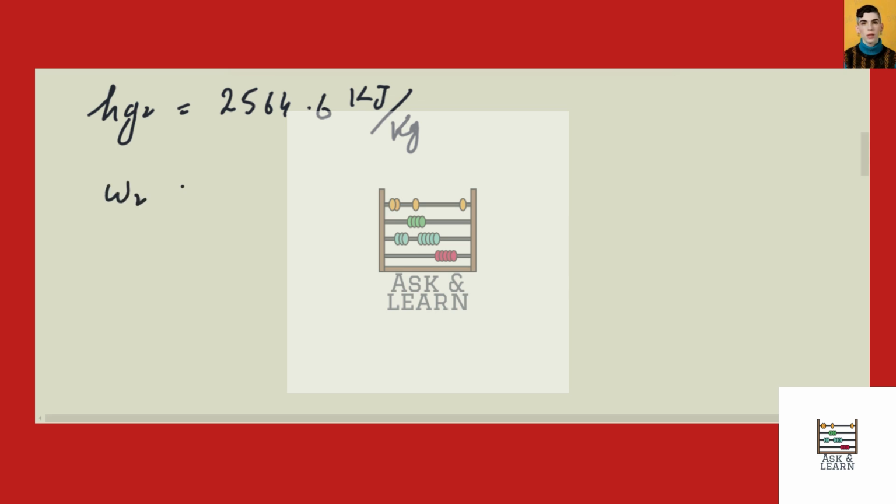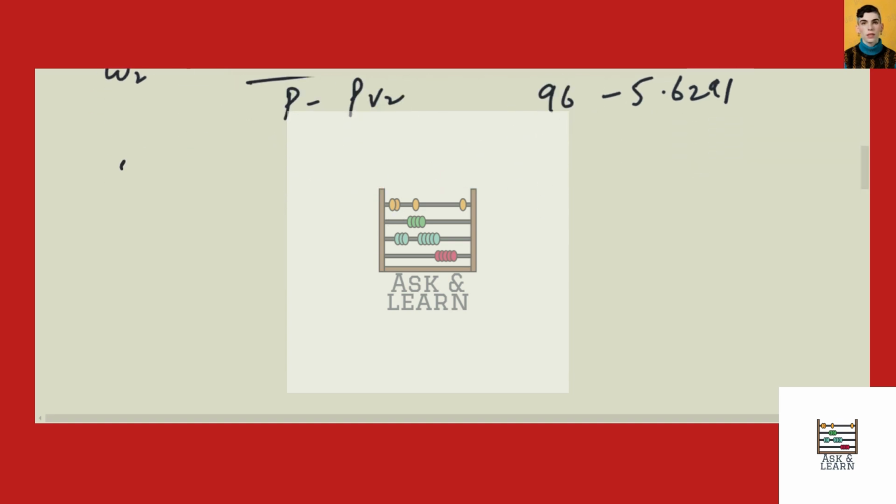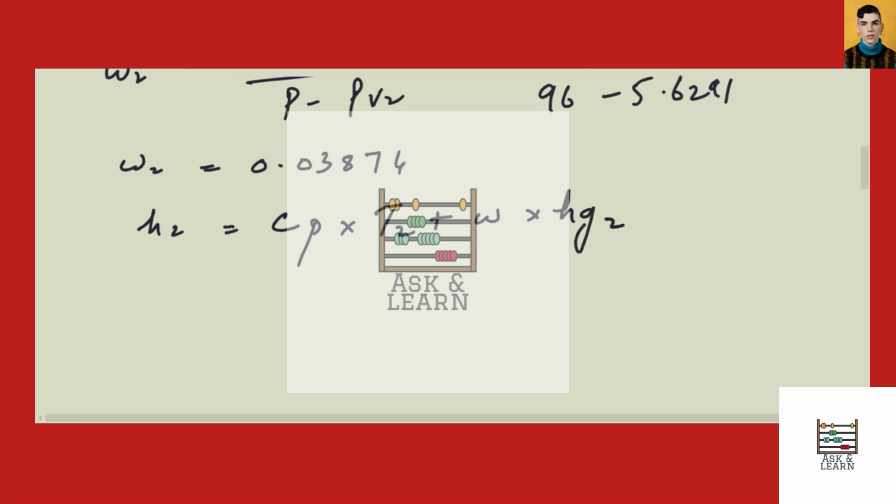Then W2 = 0.622 × PV2 / (P − PV2) = 0.622 × 5.6291 / (96 − 5.6291). So guys, W2 is equal to 0.03874, and H2 is equal to Cp × T2 + W × Hg2.